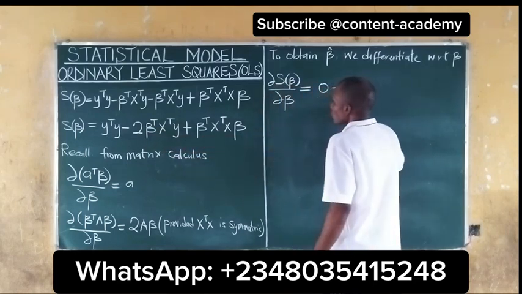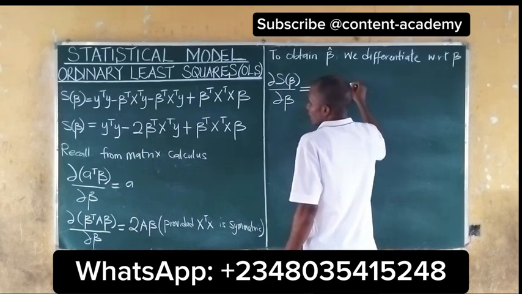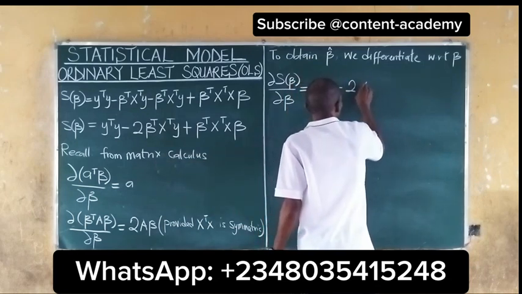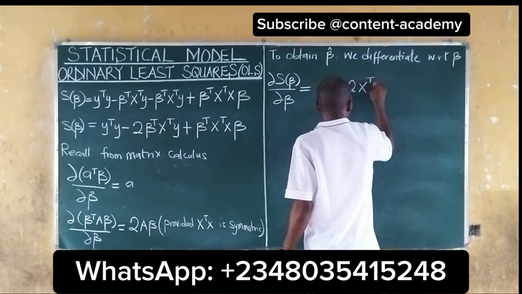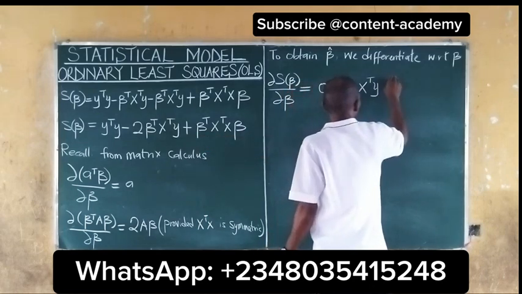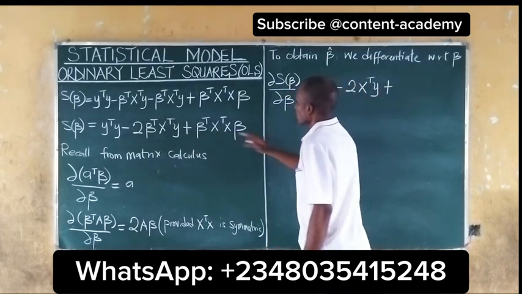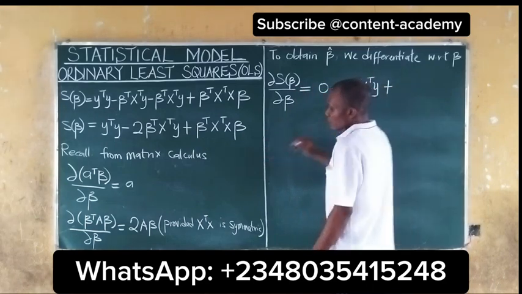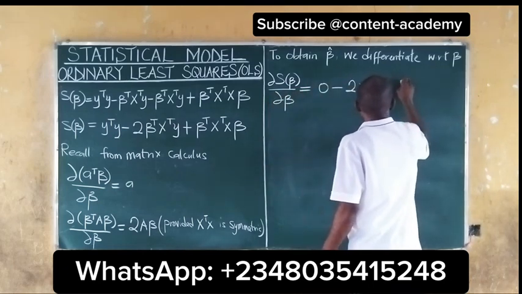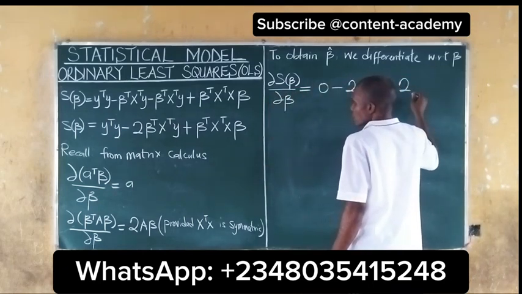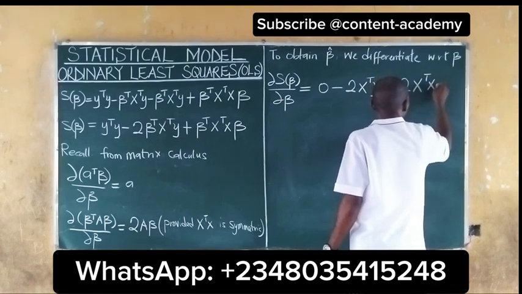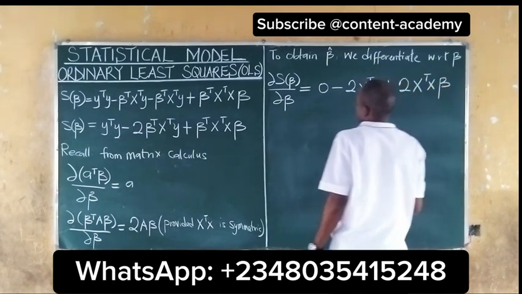what do we get? We get, of course, B transpose will go. We have 2X transpose y. If we differentiate this function, from what we have here, we get 2X transpose X, then b.